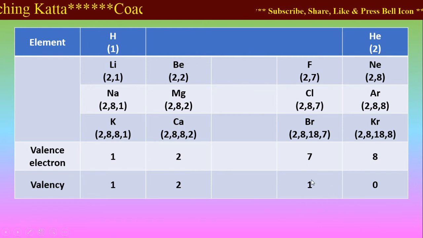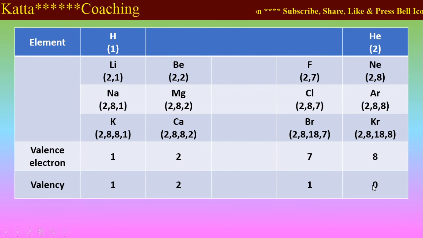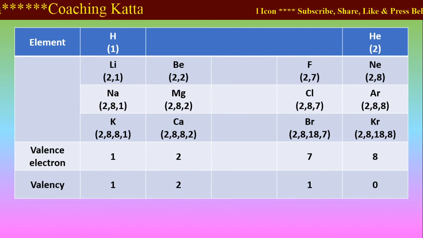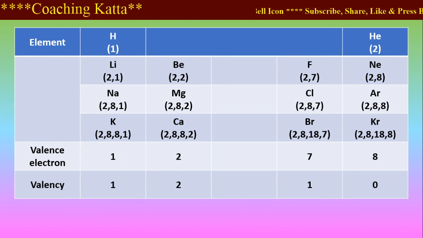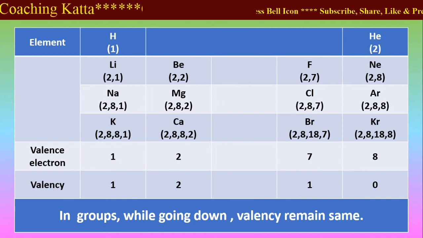In the last, group 0 elements or group 18 elements are shown here. Their outermost orbital is completely filled, therefore their octet is complete, and valence electrons are 8. They do not accept or donate electrons, therefore their valency is equal to 0. Now the conclusion is, in groups while going down, valency remains the same.